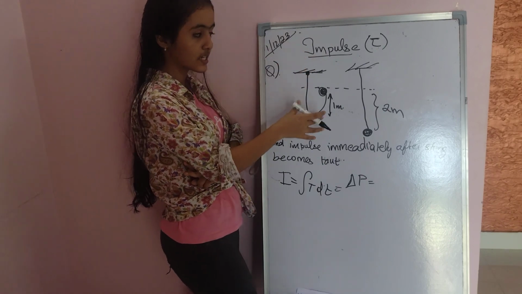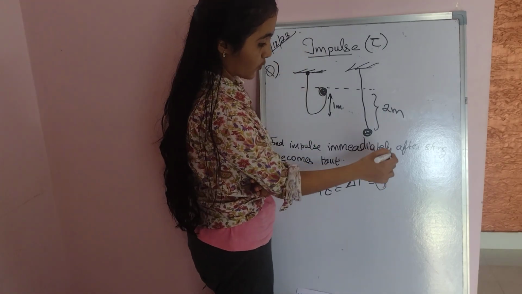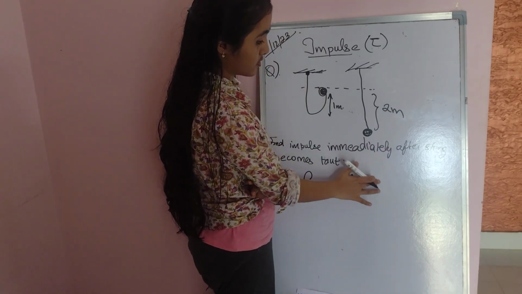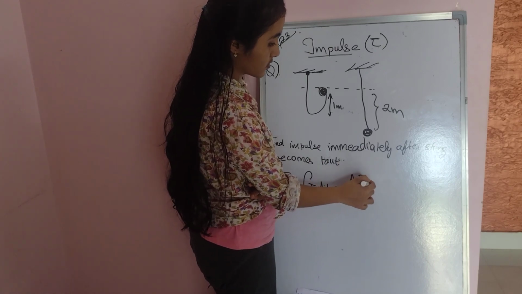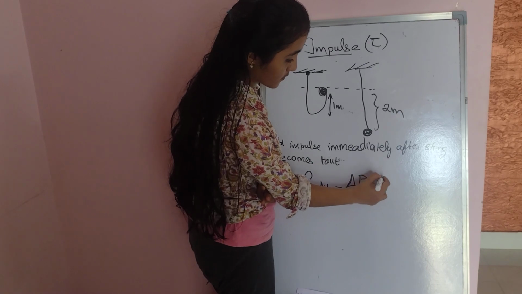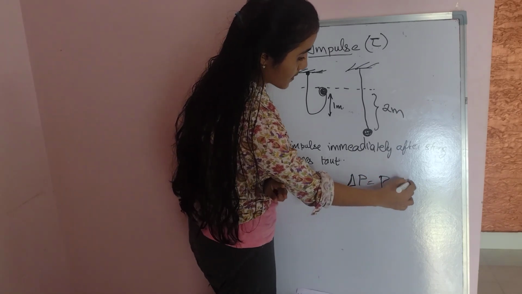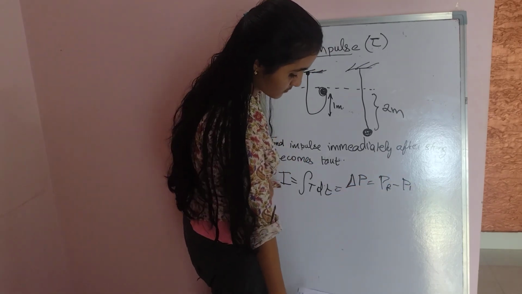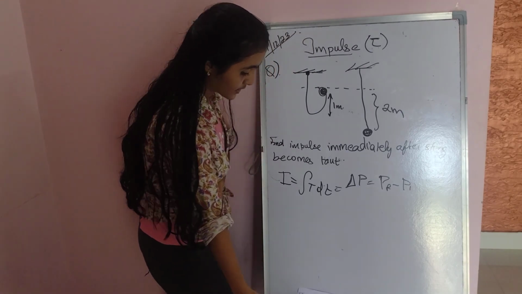It was kept at rest, so it's 0. Delta P is equal to P final minus P initial.